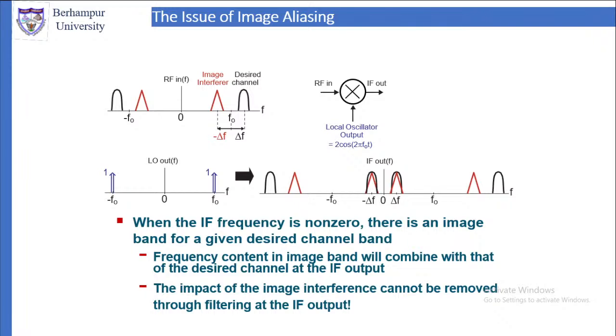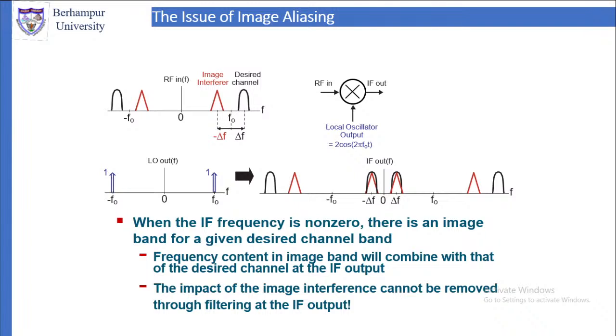So in the bottom right hand side, what has happened, and that you need to understand, is that minus delta F is translated to the left of the 0, and plus delta F similarly is translated towards the right of the 0. So those two red signals are on the left and right.